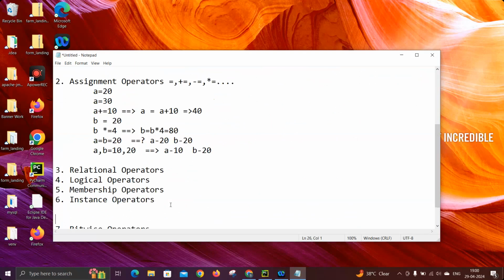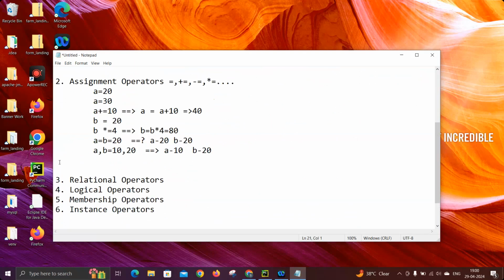All these four are called conditional operators only. These operators always return either true or false, which is technically called a Boolean value. They don't return any integer, float or string value.